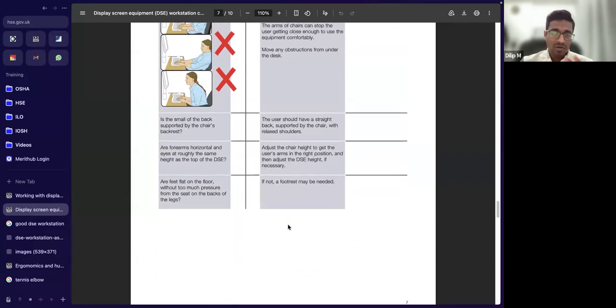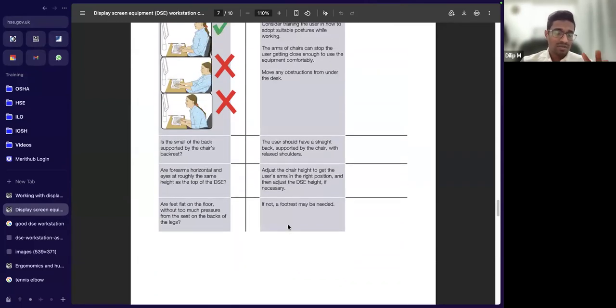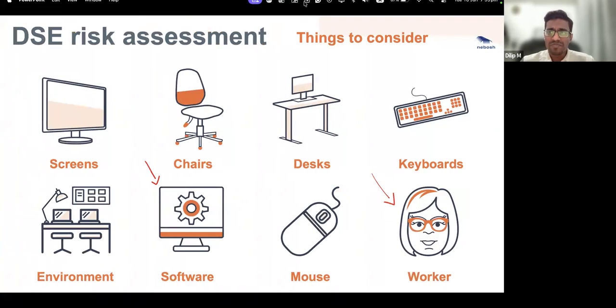Even at your workplace, there would definitely be people who are DSE users, people working in an office setup or anybody who works with these screens. So this assessment will help to identify the symptoms and the long-term effects that have been contributing due to poor workstation requirements.